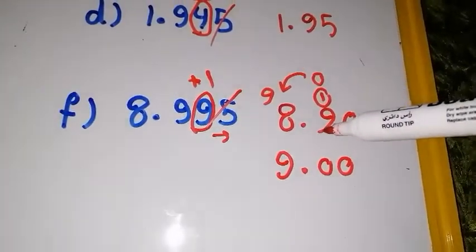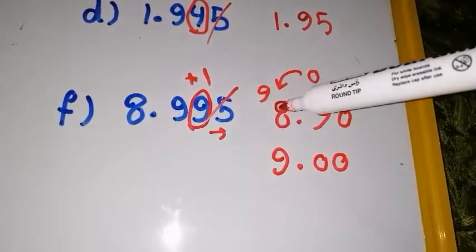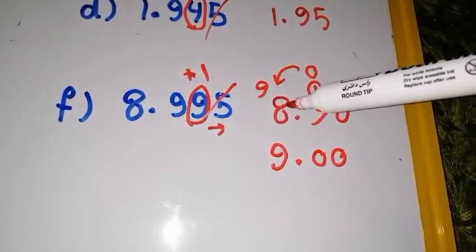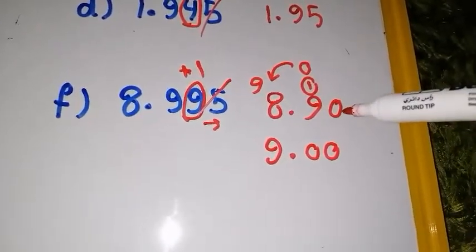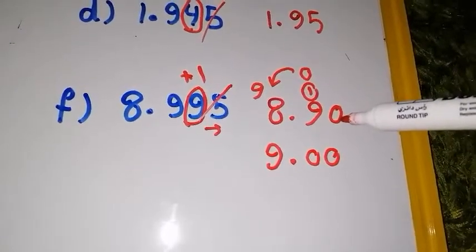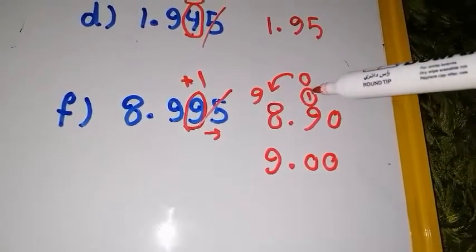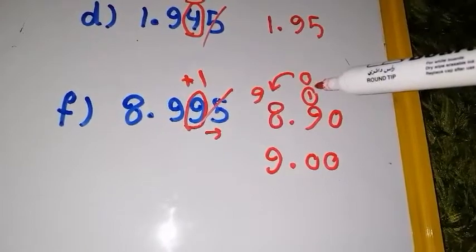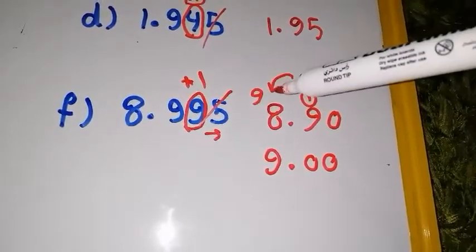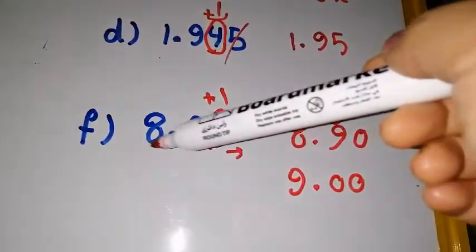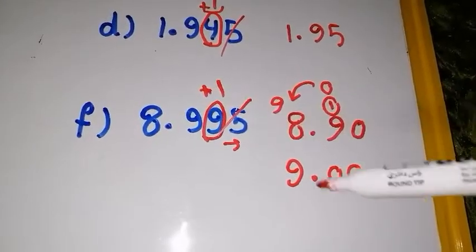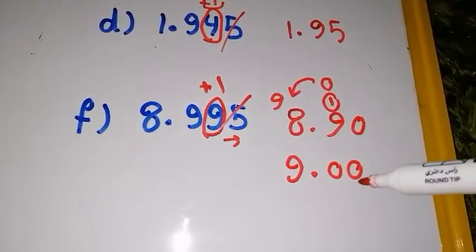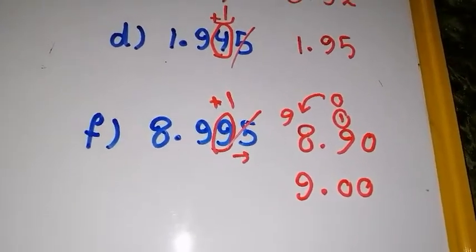We only put the 0 and take the 1 up with us to the previous place. That's what happened here. We took the 1 from this place and went to this place. Then we took another time the 1 and went to the next place. That's why we changed all these digits and it became 9.00.